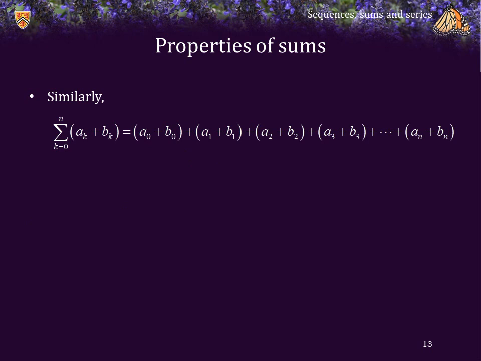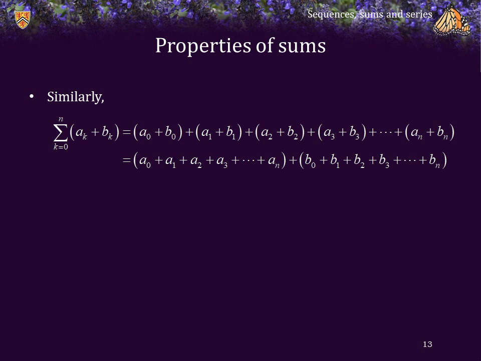Similarly, if every single term in the sum is a sum of two separate terms, here I have a sub k plus b sub k, well, that is just the sum we see on the right-hand side. But can we not collect all the a terms and then all the b terms? Well, yes, we can.